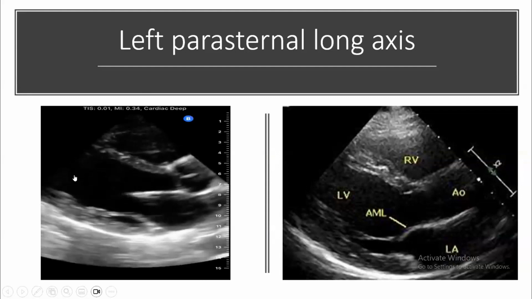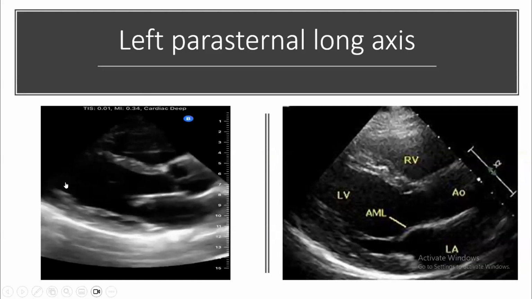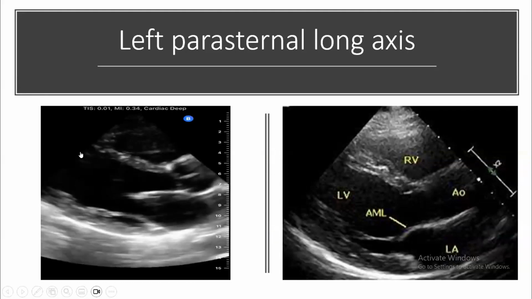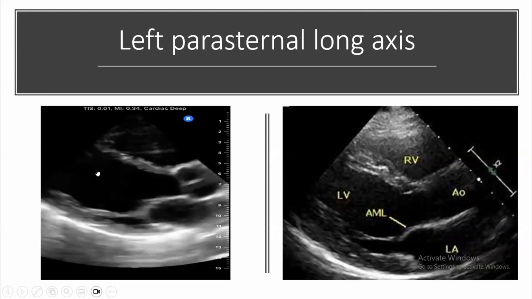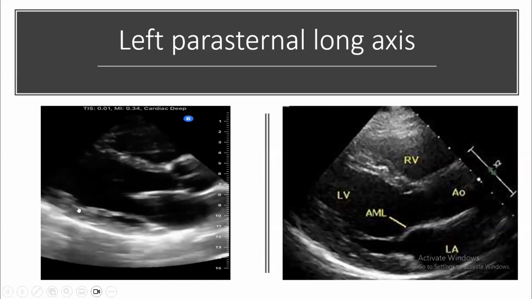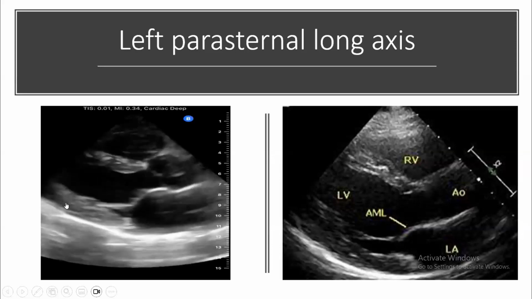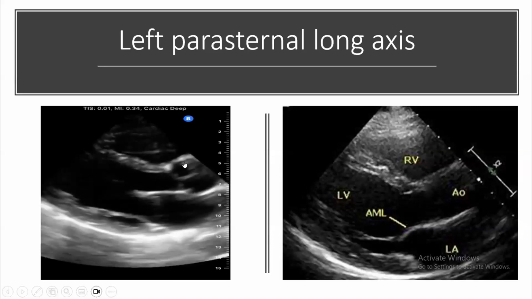Most of the left ventricle is visible, but we cannot see the apex. If you can see the apex, this means you are not in the plane. You're supposed to see the base of the left ventricle. So this is the septum, and this is the posterior left ventricle.